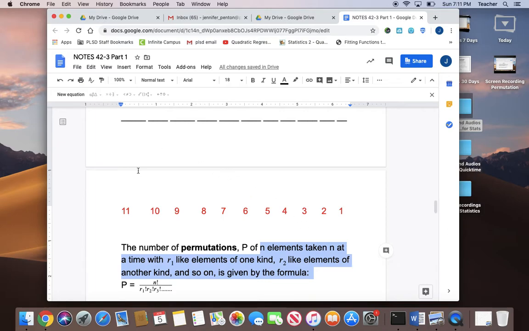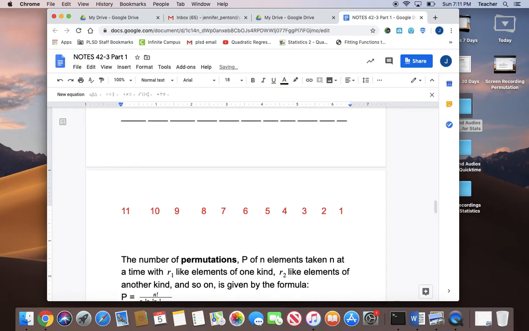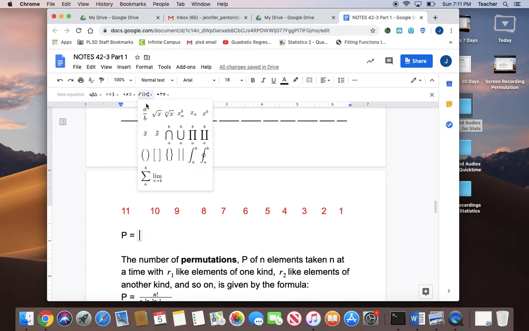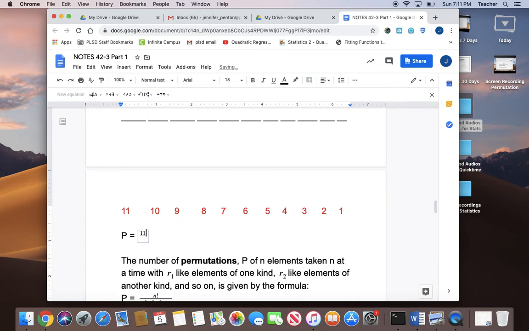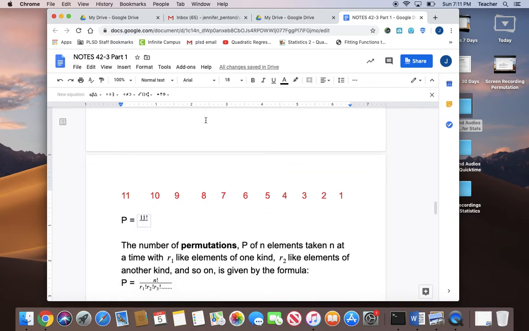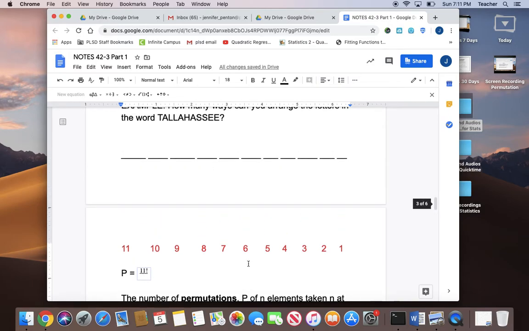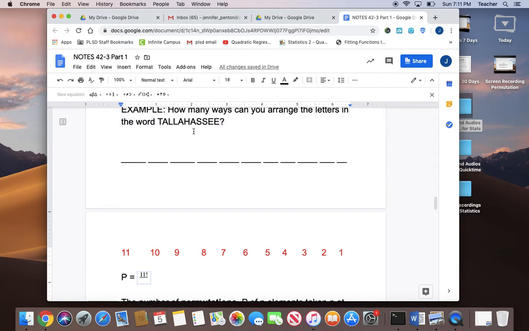So to solve this particular problem with my 11 letters in the word Tallahassee, I would have 11 factorial on top. And then on the bottom, I have R1 like elements of one kind. So I'm going to come up here and say, I have 3 A's. So I have 3 elements that are of the kind A.